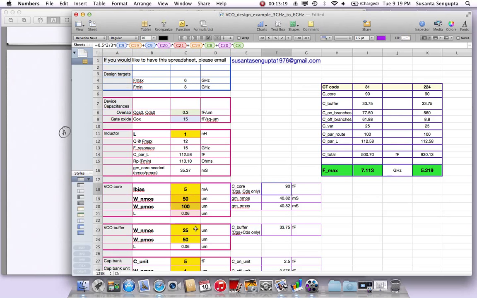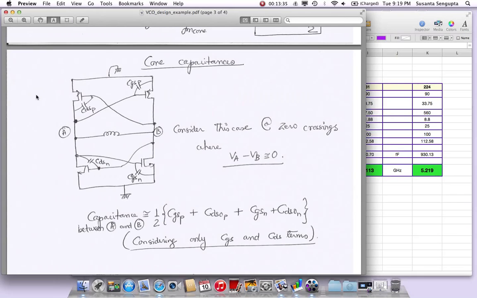C21 is the length here, right? So CGS will become, since it's in saturation, 2/3 of W times L times Cox. This will be one of them, and then there is the other one, and we are taking half of it because I'm finding a differential capacitance. As I mentioned, this gives you the capacitance from A to ground, but I'm finding the capacitance from A to B, which is across the inductor.